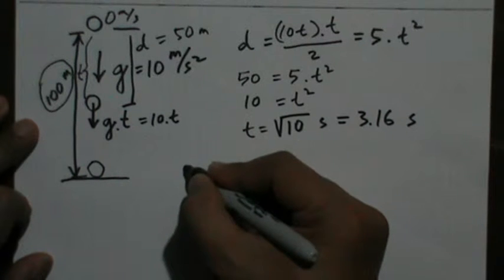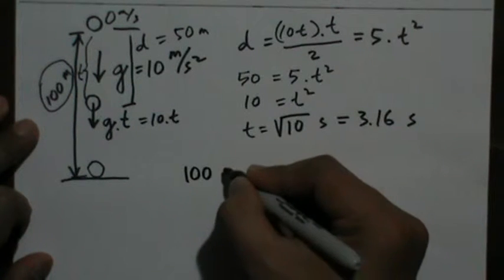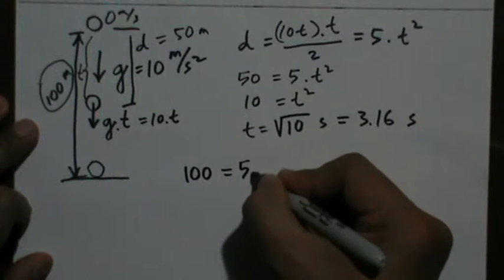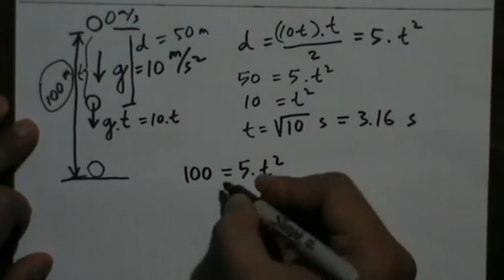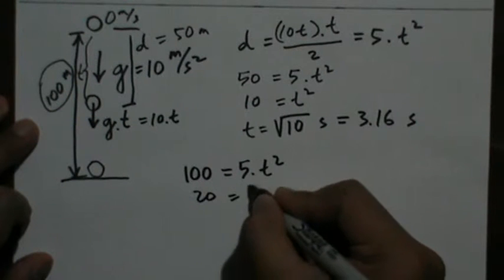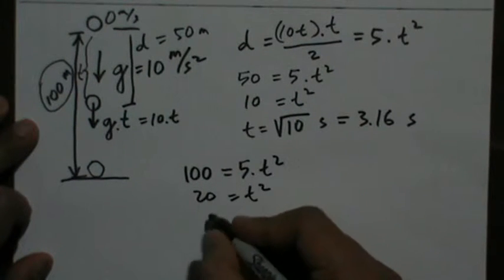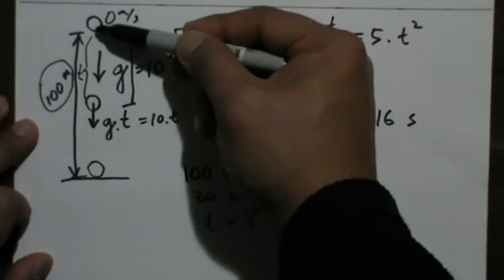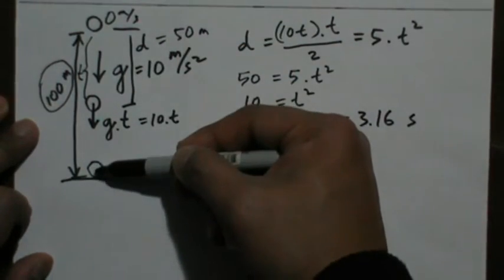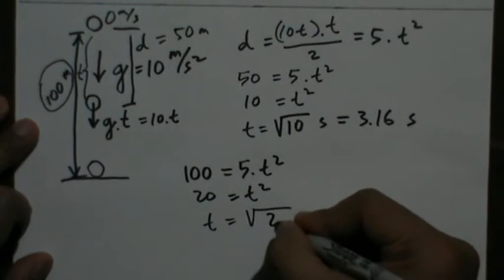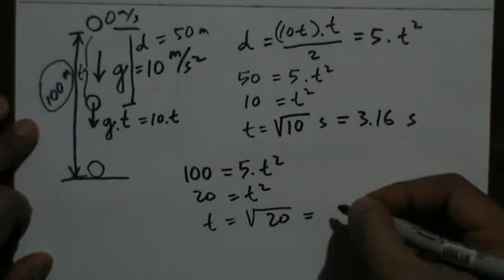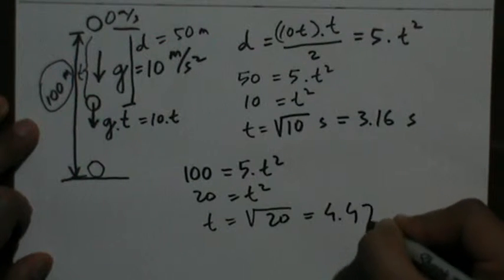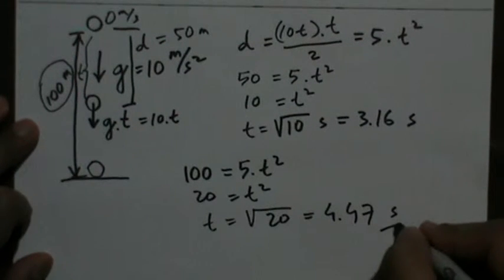So we can also use the same relation here, so that the t squared is 20 and the time needed for the ball to travel to the ground is the square root of 20, and that's around 4.47 seconds.